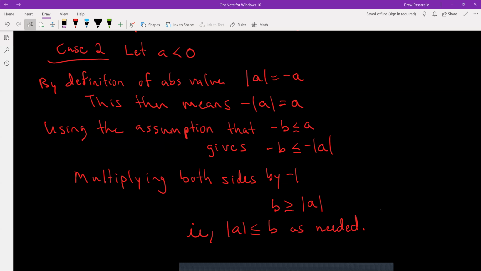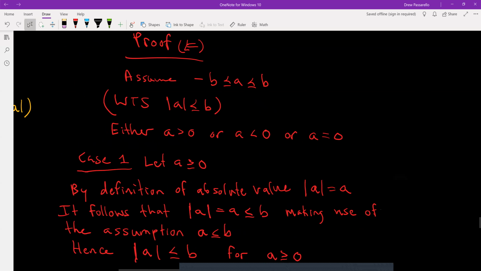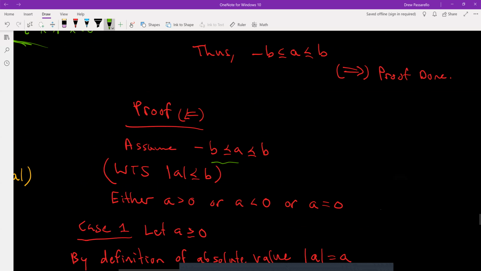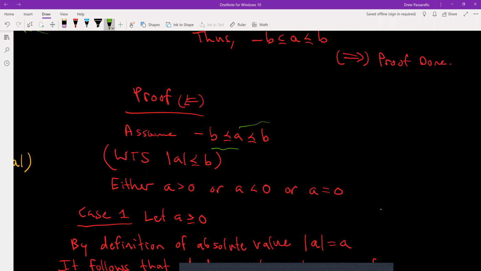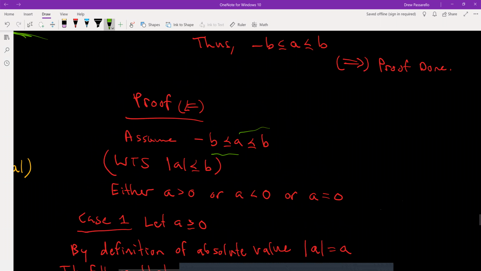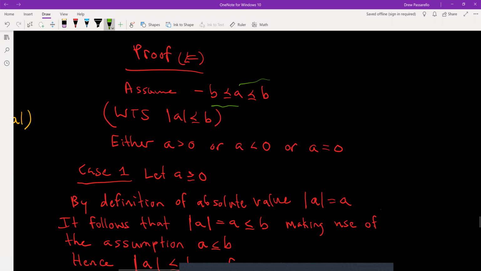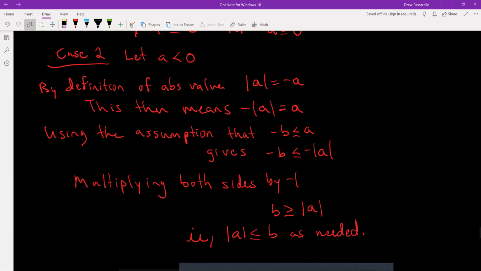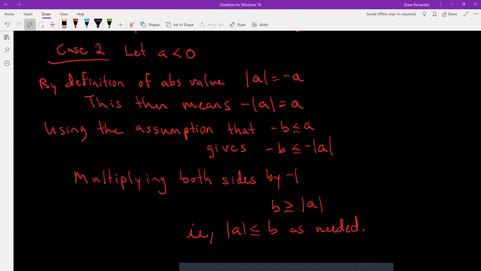So we use the assumption. Again, we have two assumptions here. We have negative b less than or equal to a, and the other assumption is a less than or equal to b. So this time we're using the assumption that negative b is less than or equal to a. We know that a is the same thing as negative absolute value of a, so I can basically do a variable change.